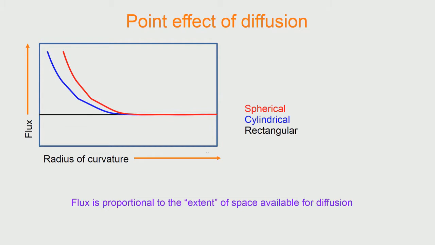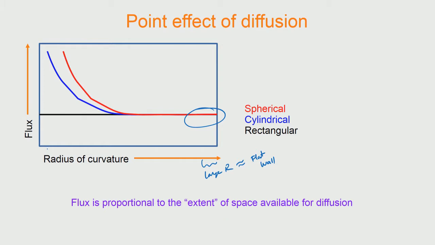So, what this implies is that at large radius of curvature, which is approximately a flat wall, all three coordinate systems will give you basically the same flux across the shell.